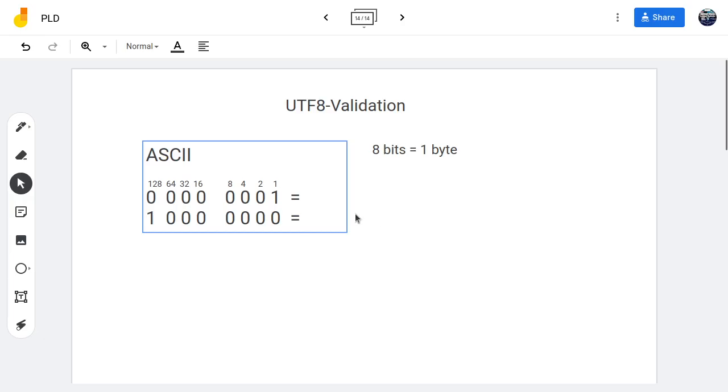Are you adding the ones up and down? Only up. It's 1. No. If you had it like this, it would be 128.